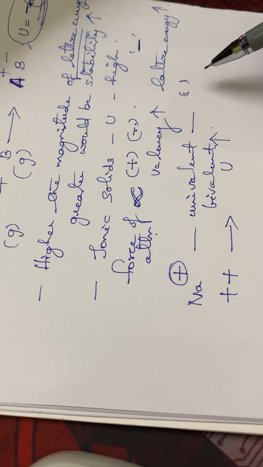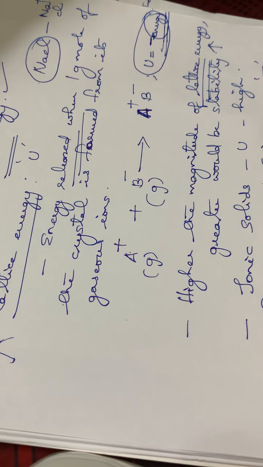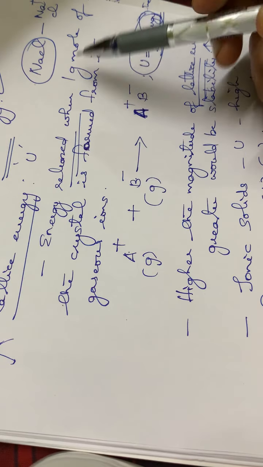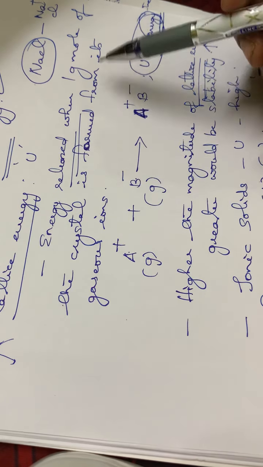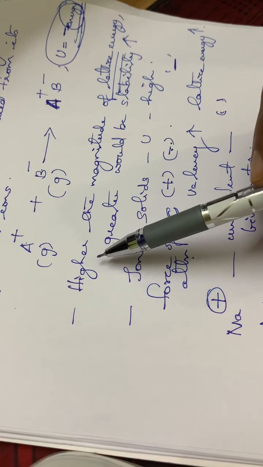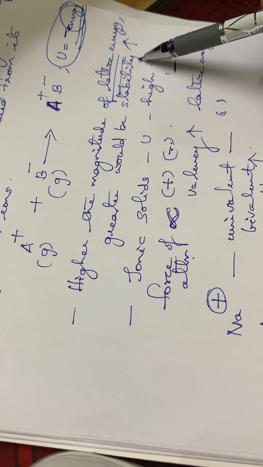So in our next session, we can go through the Born's theory of ionic lattice. So this is regarding the introduction of ionic compounds and their energetics. Okay, so you have to study this term, lattice energy, the energy released when 1 gram mole of the crystal is formed from its gaseous ions. And the 2 points to be noted are that higher the magnitude of lattice energy, greater would be the stability.